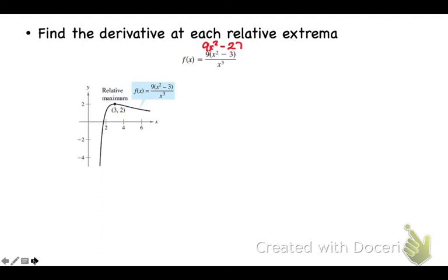So I need to take the derivative of the numerator, which would be 18x times my denominator, minus the derivative of the denominator times the numerator.